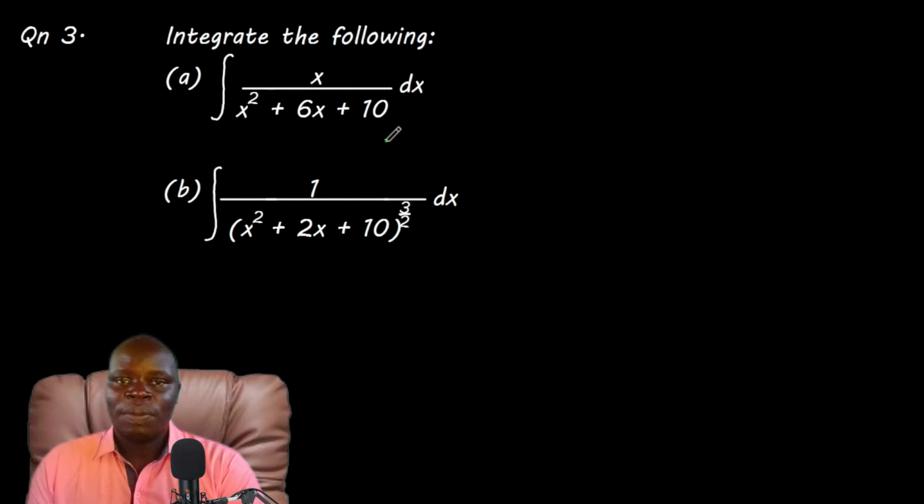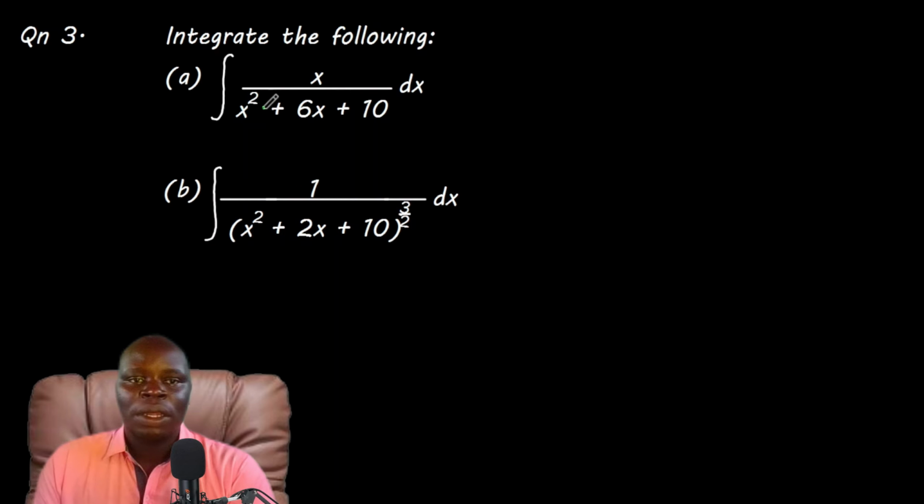So let's start by copying the denominator of the first question here, and we use completing the square to factor it out. So we have x squared plus 6x plus 10 equals 0.